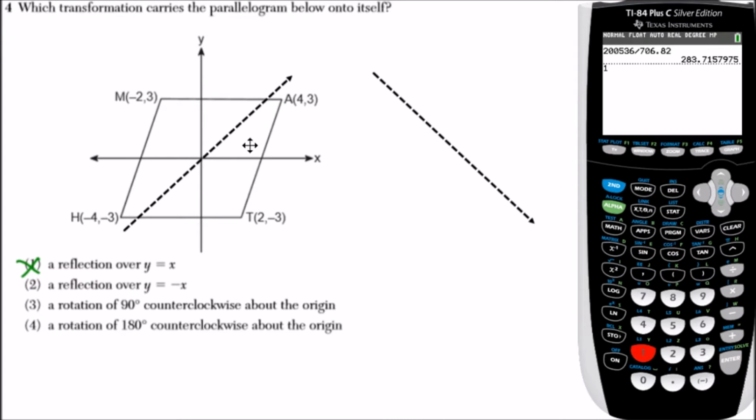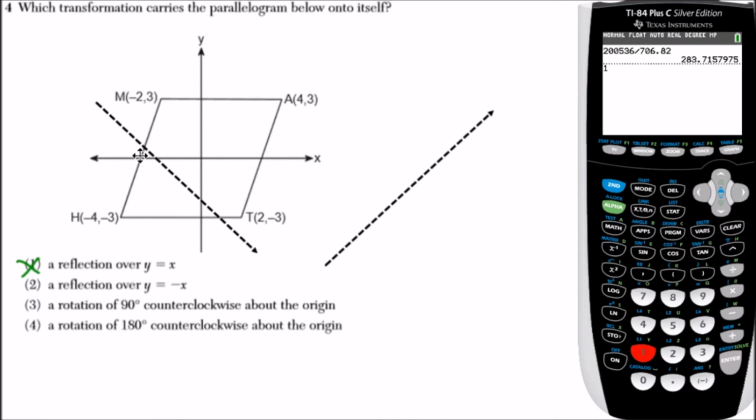Now for the same reasoning, choice 2 is out, because if I look at the reflection line y equals negative x, if this is point M, M prime would be over here, and it's clearly not on the original parallelogram, so choice 2 we could cross off here. Now, choice 3 is also no good.